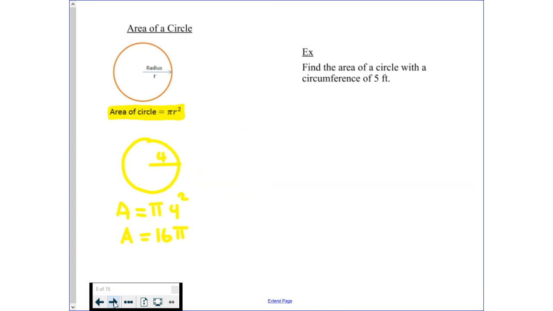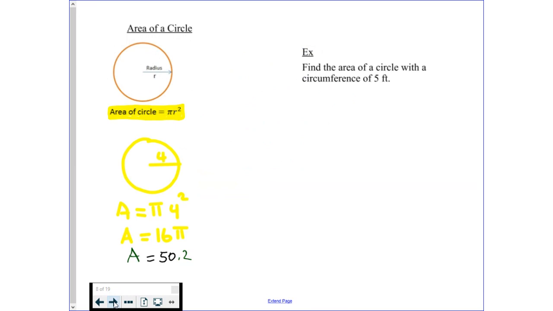So approximately 16 times 3.14, if it is given, you will get 50.24. You'll be asked to round to the nearest tenth or hundredth. If it's the nearest tenth, that's 50.2. So pay attention to what is given. If pi is given as 3.14, use it. If it's not given, just 16π will be the answer.